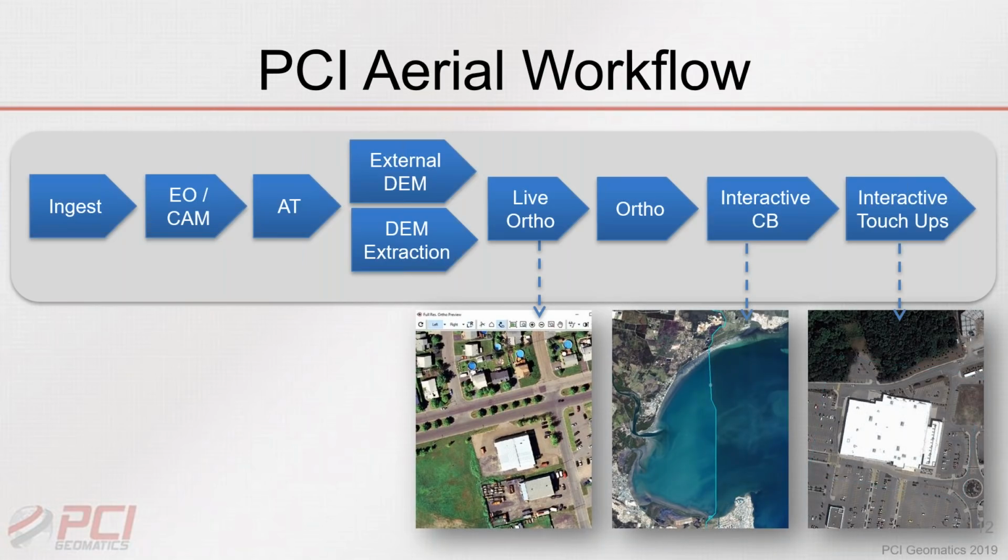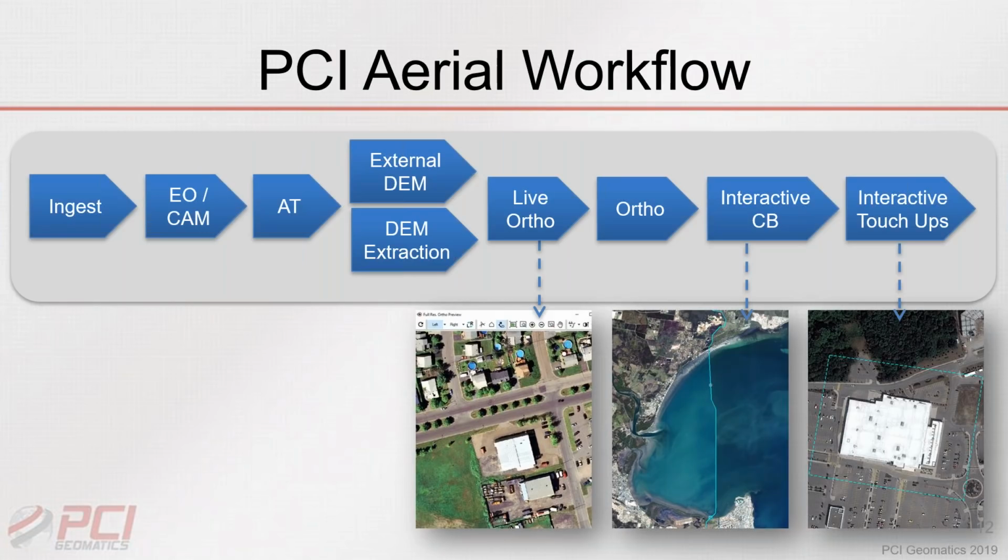Then we can either use the external DM or extract the DM ourselves. And as you'll see in the live demonstration, rather than generate orthos and then inspect them, we actually generate what are called live orthos. What you're seeing on the bottom is a bit of a QA trick that we've implemented, where you can flicker back and forth between two different overlapping ortho images.